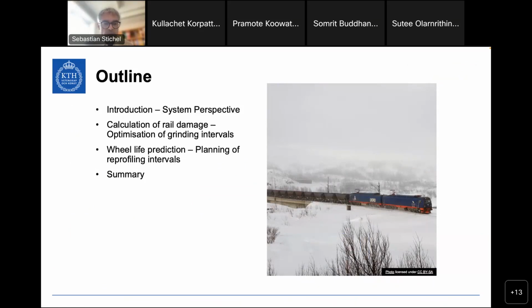What am I going to talk about today? After a short introduction background, I will firstly have the calculation of rail damage and possibilities to optimize grinding intervals as one use case, and the second one is wheel life prediction and planning of wheel reprofiling intervals.